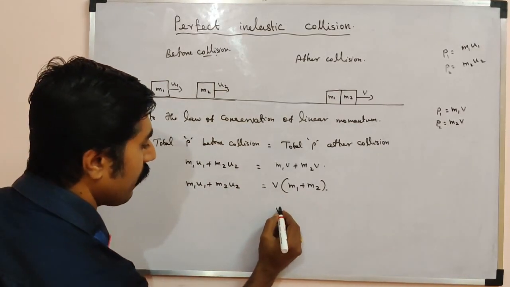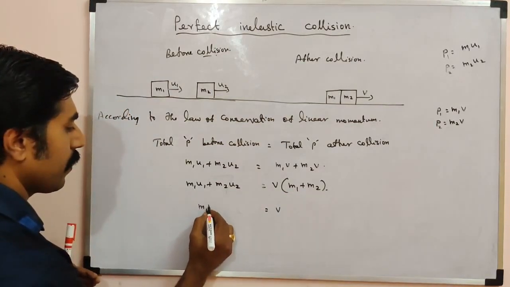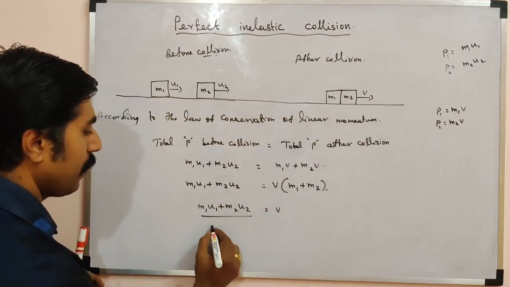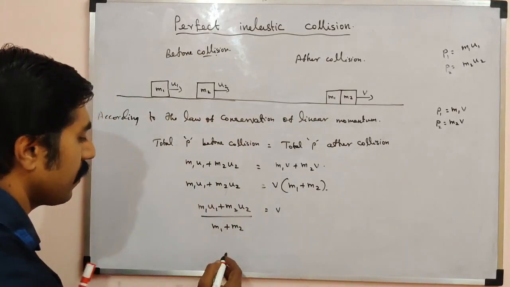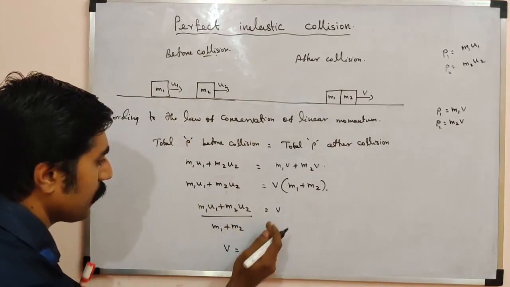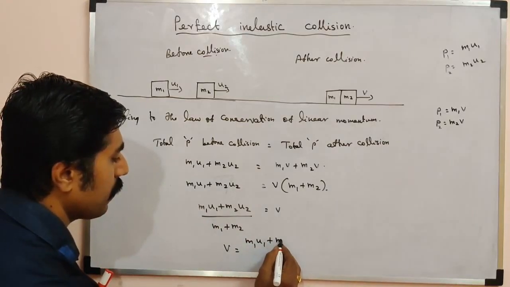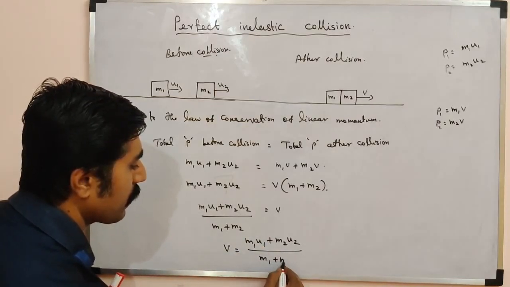From this we can write v is equal to m1 u1 plus m2 u2 divided by m1 plus m2.